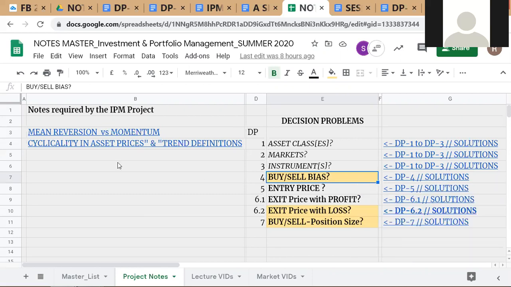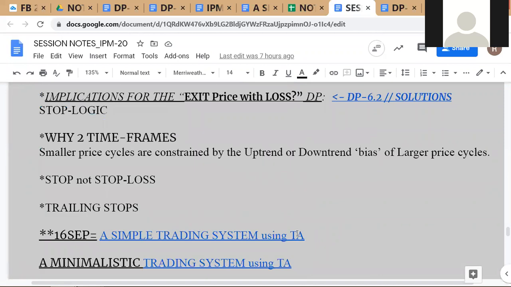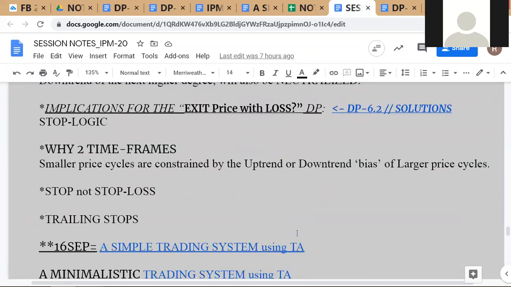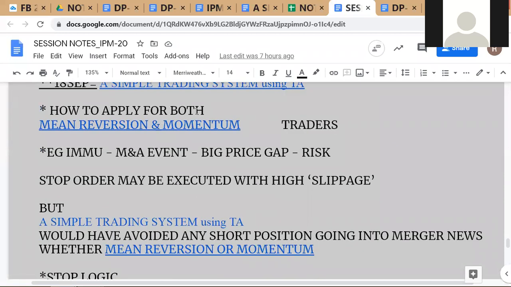And then we also discussed in the previous session, as I've tried to document here, the rules. This was yesterday's session, where we discussed all this. We talked about the immunomedics event and the price gap and all that.